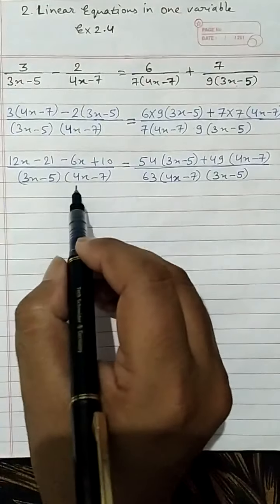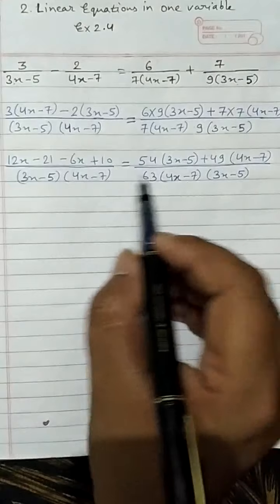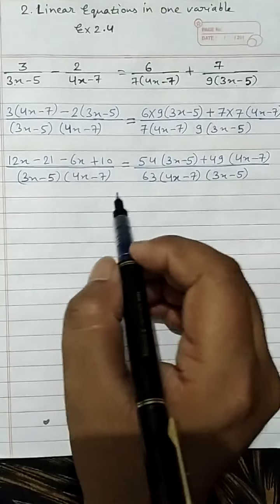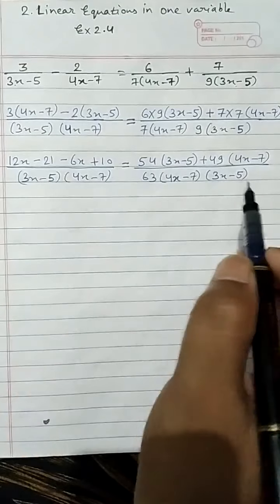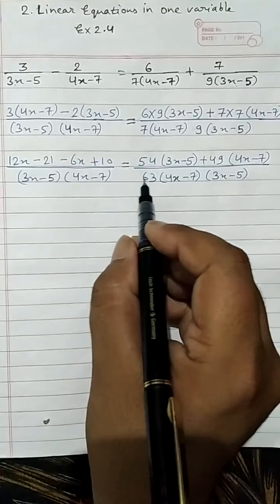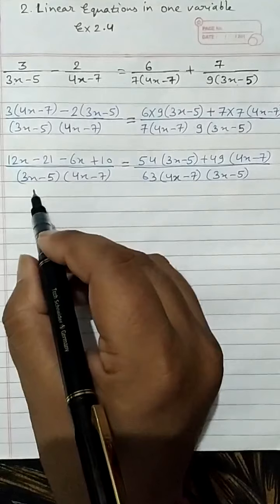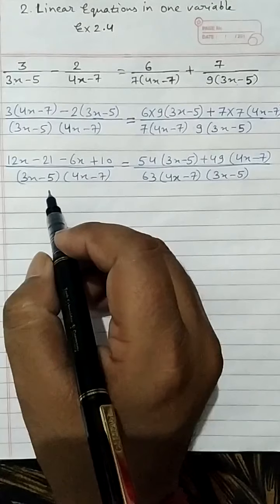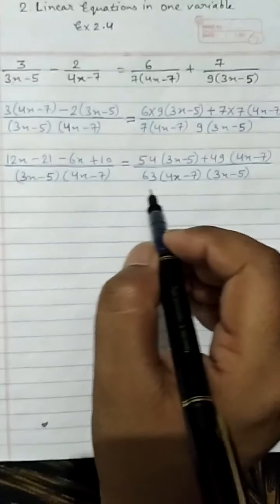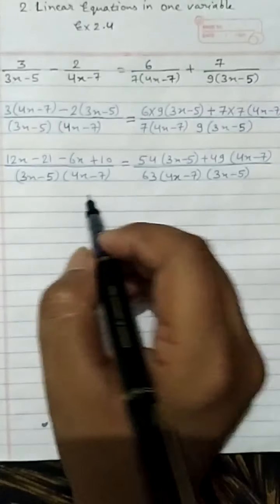Now we can see that we have 4x minus 7 on both sides of the equation and 3x minus 5 also on both sides of the equation. Only 63 is here and 63 is not here. If we multiply the left hand side by 63 up and down, we can get 63 in the denominator.